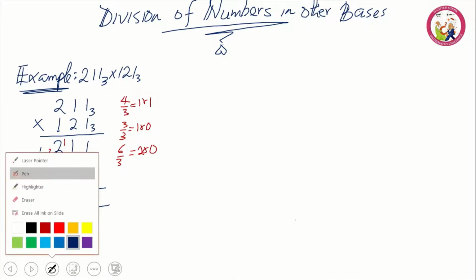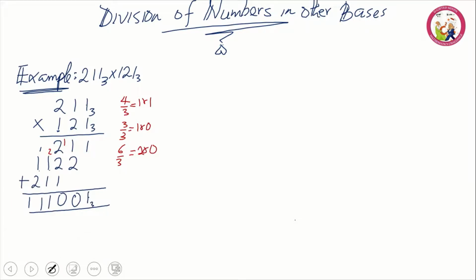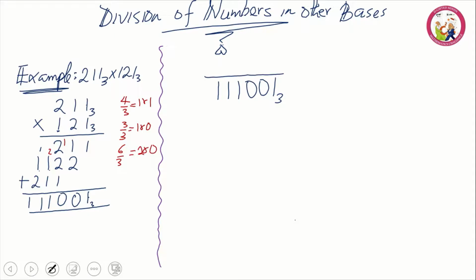Having gone through this, let me show you how to perform the division. Let's divide the product 111001 base 3 by one of the numbers.